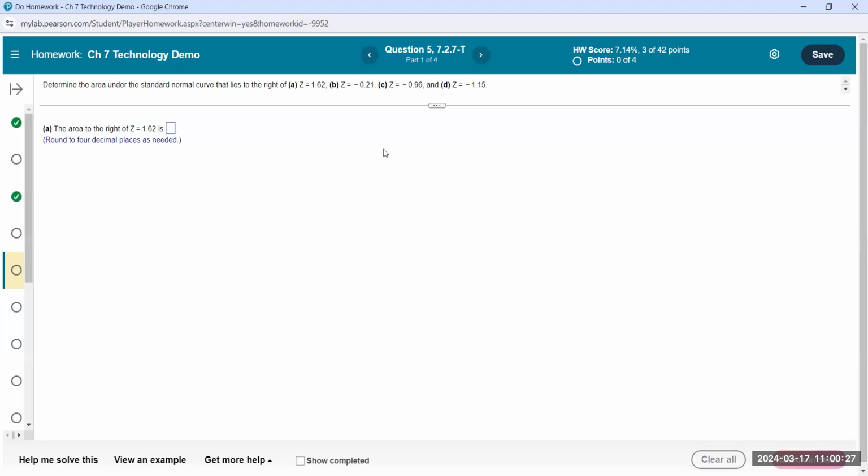So we're going to need to do this on StatCrunch because it actually requires calculus, which we're not going to do. So let's open StatCrunch, get more help.